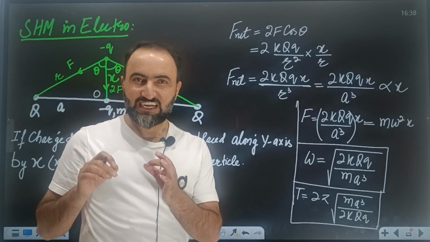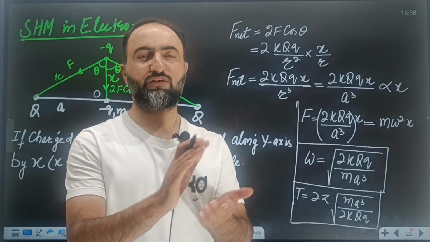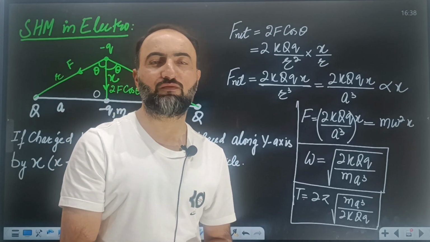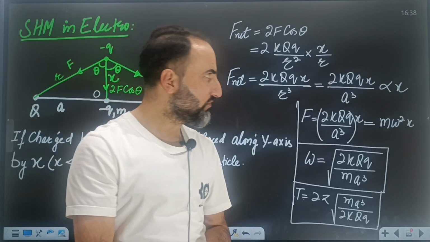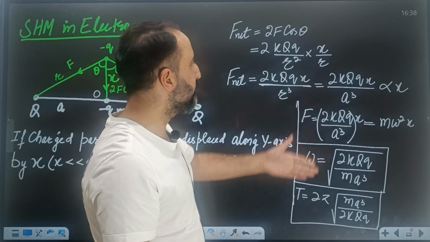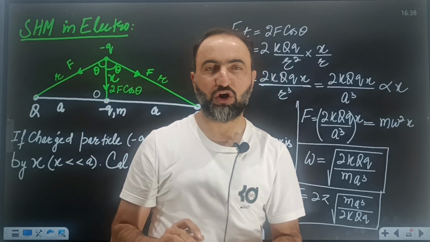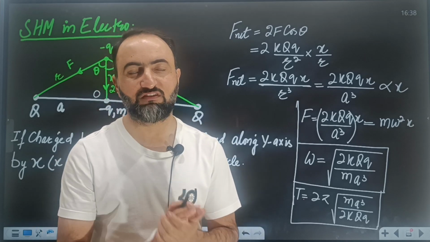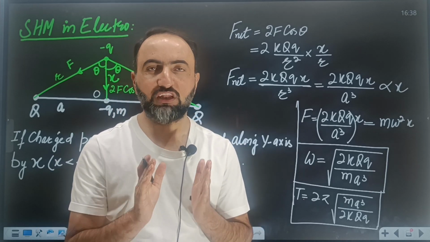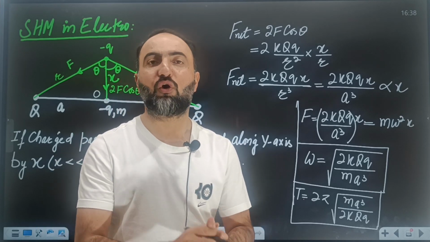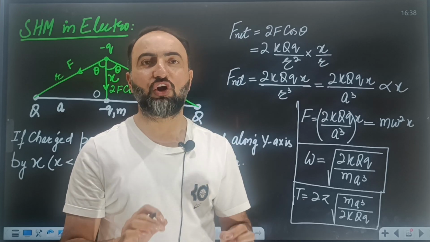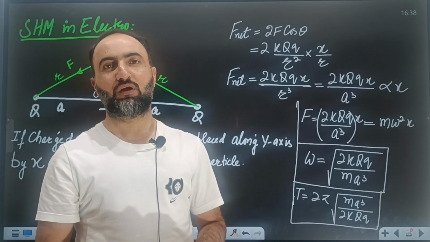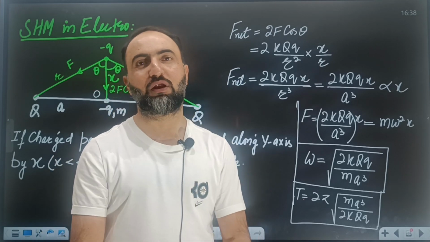I'm sure this is very crystal clear to you. ठीक है ना बेटा? तो सबसे पहले हमने क्या किया? We have calculated the net force of the charged particle. This force has two important properties. Number one is that it's always directed towards mean position. Number second, it's a linear function of displacement. Both these are the conditions for a force to behave as a Hooke's force, or for a particle to execute simple harmonic motion.